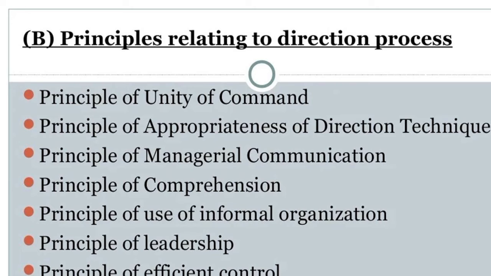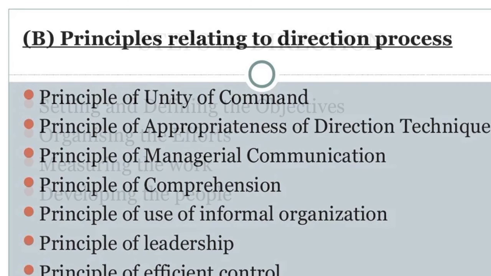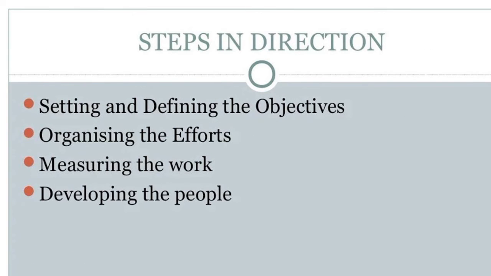Then what are the steps in direction? We have to set and define the objectives of the organization, where we have clarity on what is to be achieved, and we have to organize the efforts. Who has to do the work? First the work is divided.